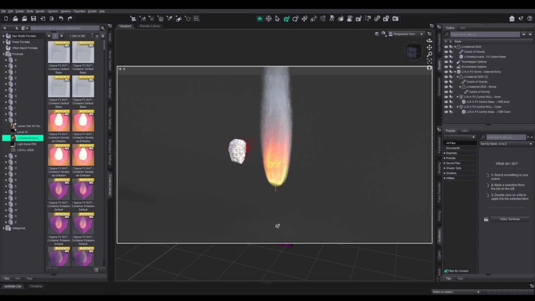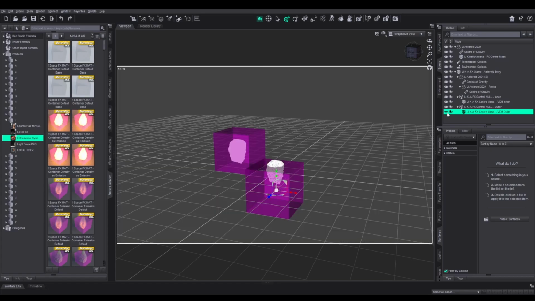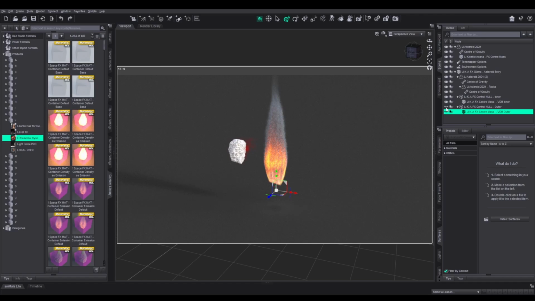And, again, no clue what's going on here. So now it's just the same old rock.